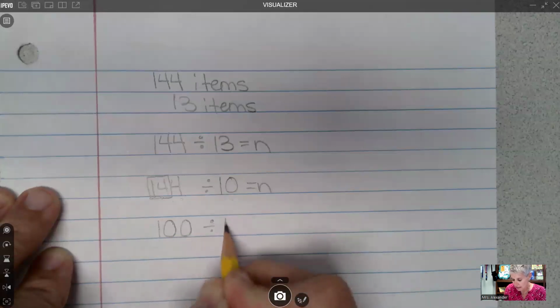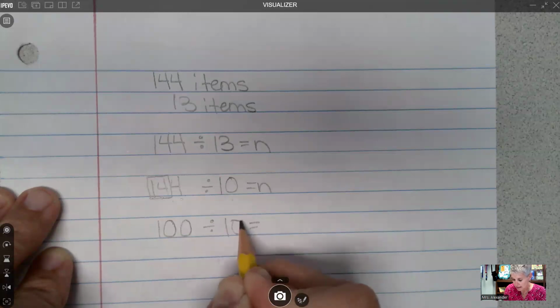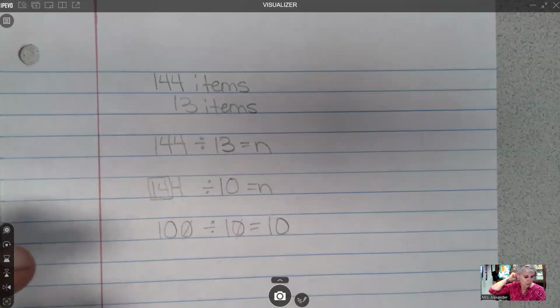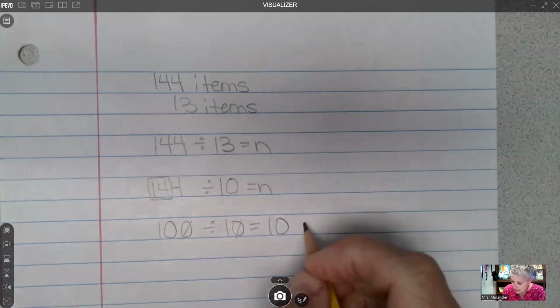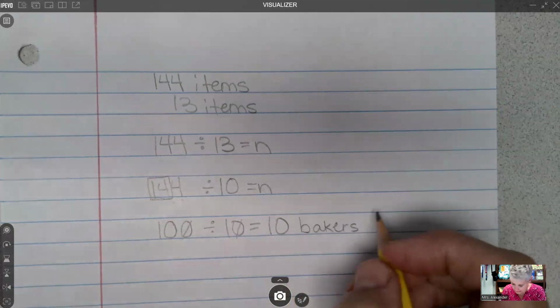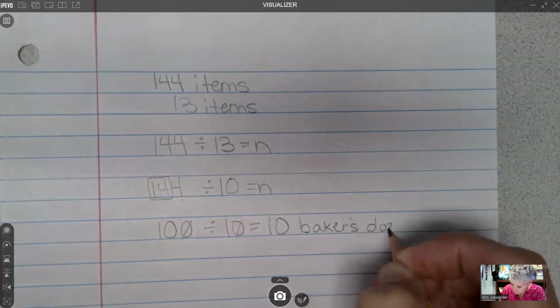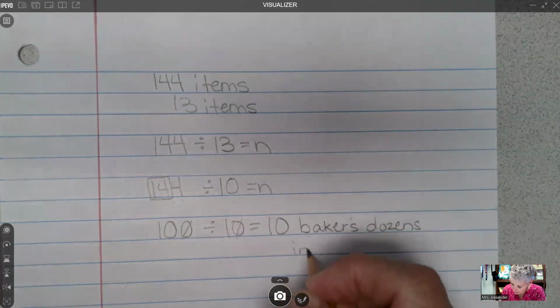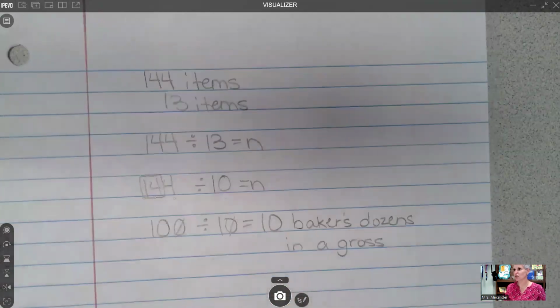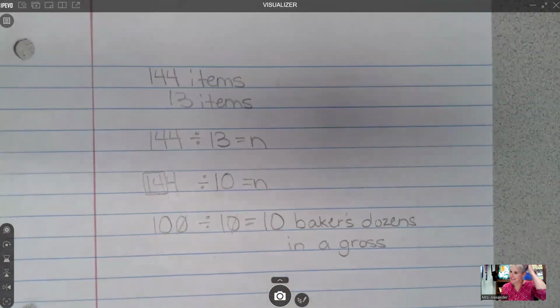And when we divide by 10, now we get that answer of 10. So a reasonable estimate for the number of baker's dozens in a gross, 10 baker's dozens in a gross. And that gross, that's a unit of measure, right? It's not like, ew, gross.